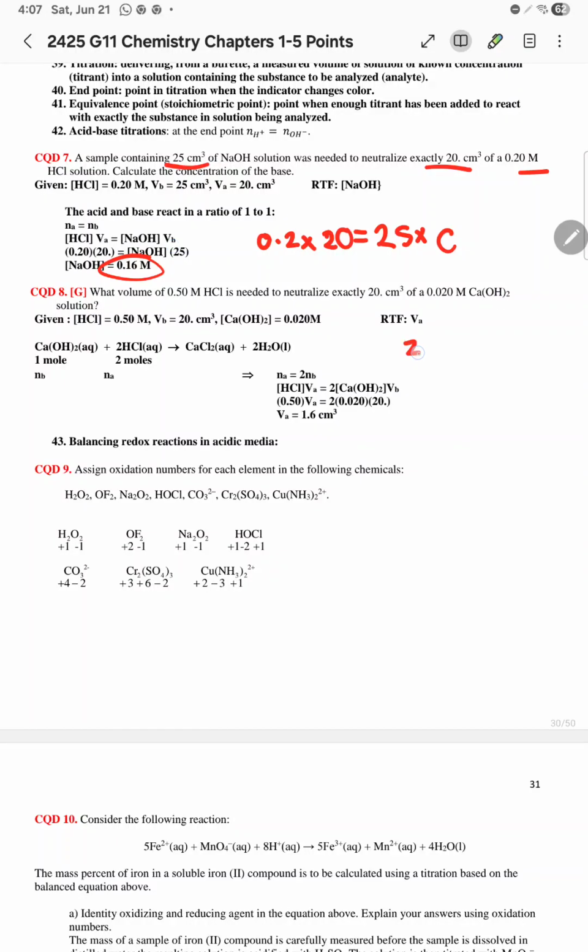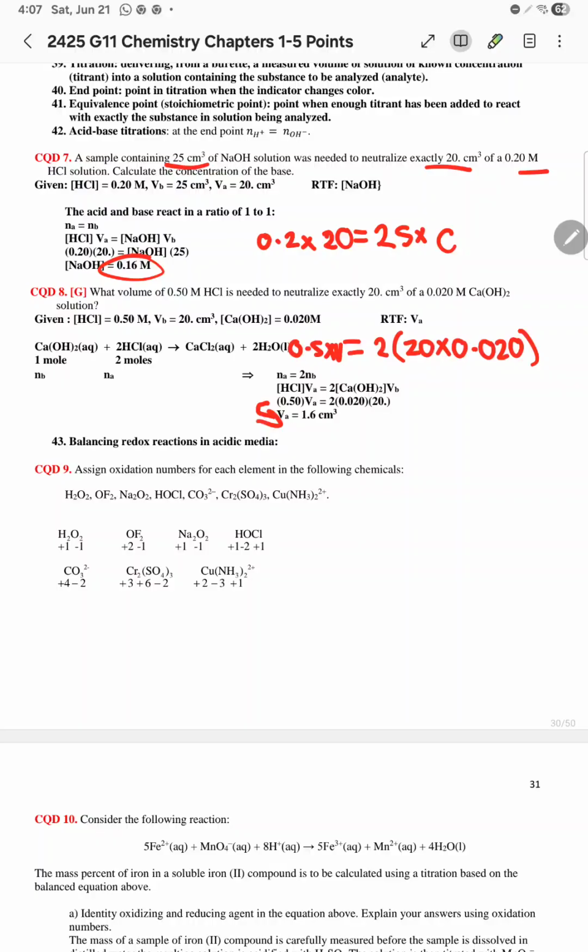So we need 20 times 0.020 all multiplied by 2 equals 0.5 times the volume we need. Right? So yeah, Na equals 2. So we're gonna do the exact same thing. You're gonna get 1.6.